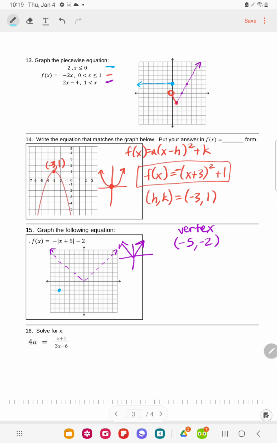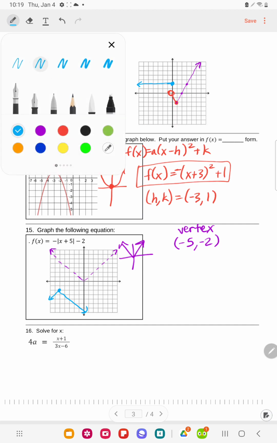So this is where the vertex is actually. Move 5 to the left, 2 down. And then I need to reflect it along the x-axis because it has a negative in front. So it needs to be facing down. And that's what the graph looks like. The one in blue.